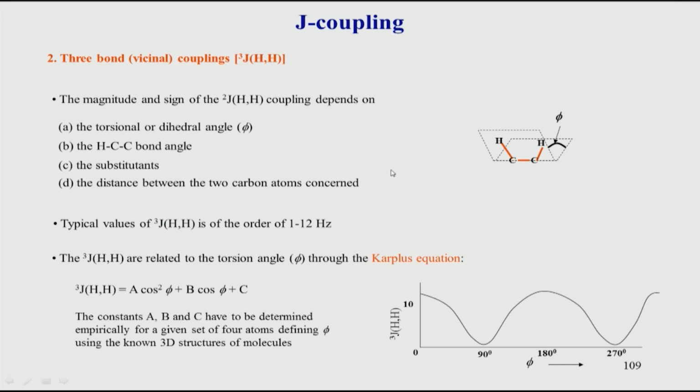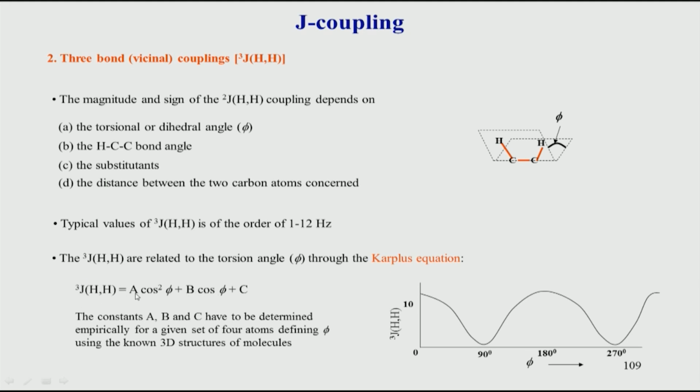So, there is a very famous equation known as the Karplus equation, which shows how the 3 bond J value is related to the torsion angle. This is typically the equation: A cos square theta plus B cos theta plus C, and here the values of A and B depend on the type of J value you are looking at.